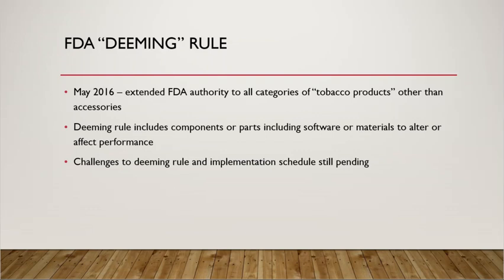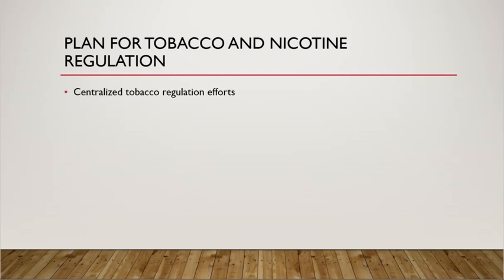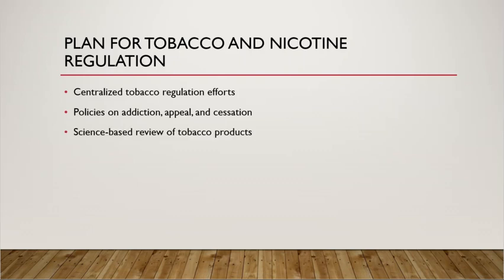Now, the FDA has got some ambitious plans for tobacco and nicotine regulation, and they've tried to centralize those efforts, as I've mentioned before, by having policies addressing tobacco addiction, the appeal of tobacco, and cessation of tobacco usage.